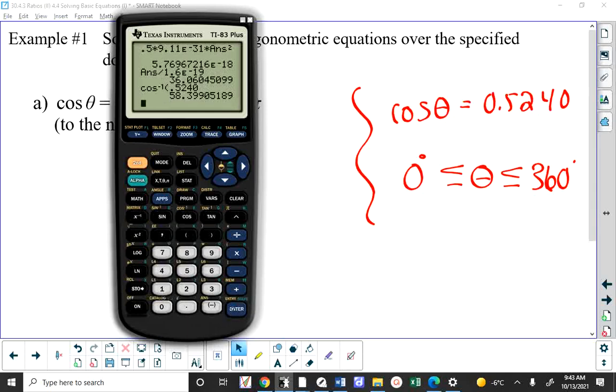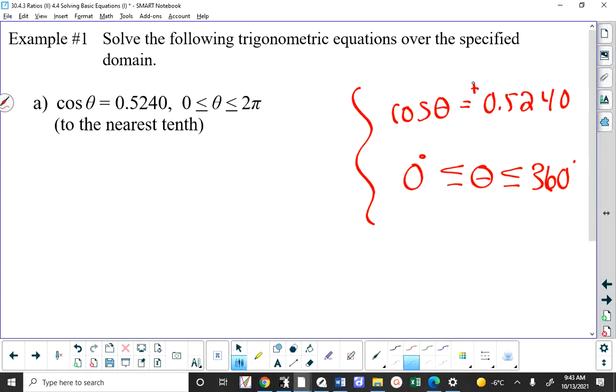Are you with me on that? Then you would say, since cosine of theta was positive, I'm looking for a reference angle of 58 degrees in quadrant 1, where cosine is positive, and I'm looking for a reference angle of 58 degrees in quadrant 4, where cosine is positive.